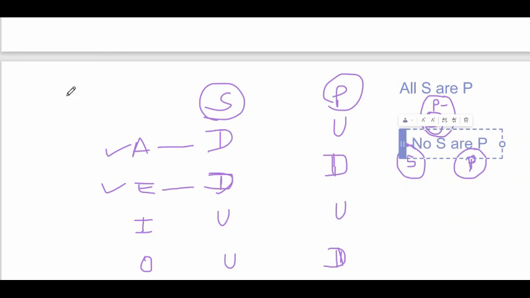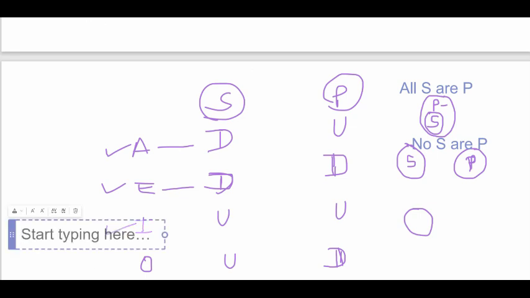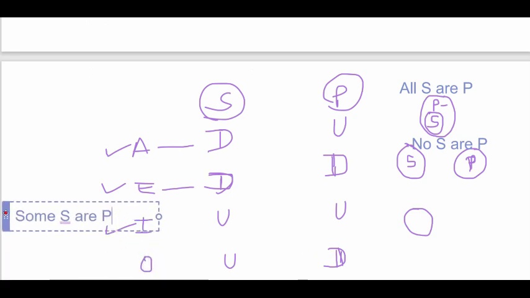Now let's move to the I proposition type. Why are both undistributed? It is because of what the Venn diagram says. And what does the I proposition type state? It states "Some S are P."